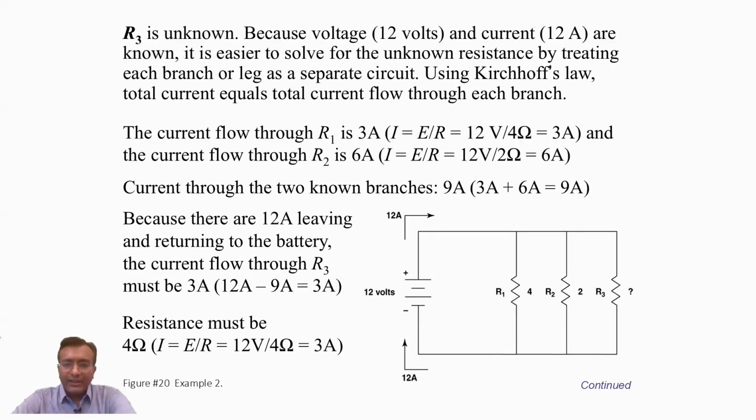Now coming to the next problem, here we know the supply voltage. We know the current flowing from the positive terminal of the battery. In this case, 3 individual resistors are connected in parallel. The values of 2 resistors are known, whereas the value of the third resistance is unknown.